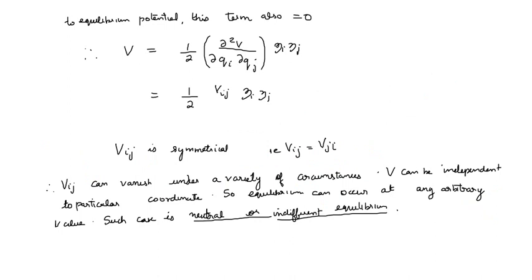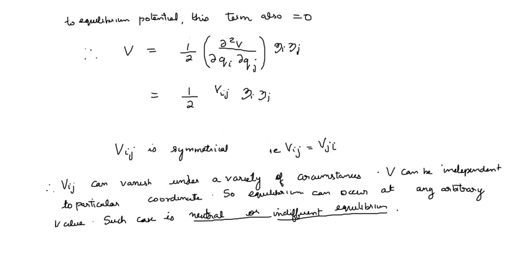Therefore, we can write potential energy from the Taylor's expansion as equal to half into dou square v by dou qi dou qj eta i eta j, that is equal to half into vij eta i eta j. vij എന്ന് പറയുന്നത് എന്താണ്?